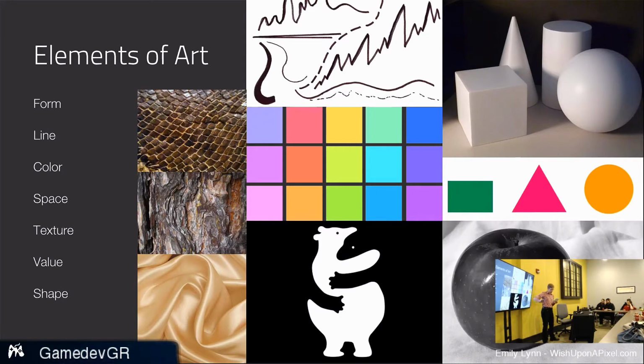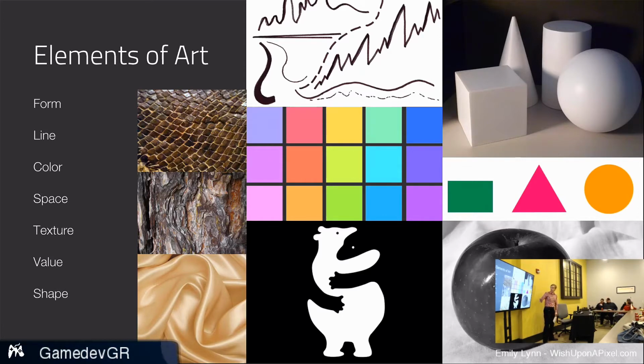Overlapping will make objects appear closer, and then perspective is how objects appear farther away. For this one, the artist instead played with negative and positive space to create two bears hugging each other. That's also a pretty important aspect in art, because that way you can define the silhouette of the characters and stuff.